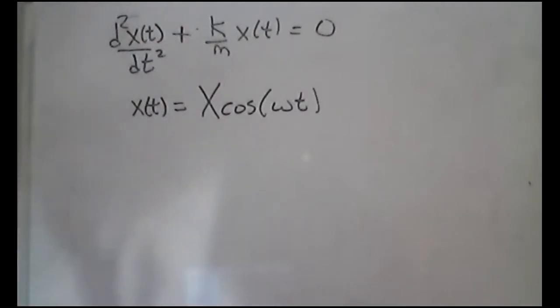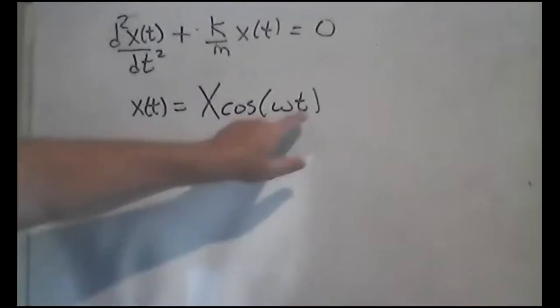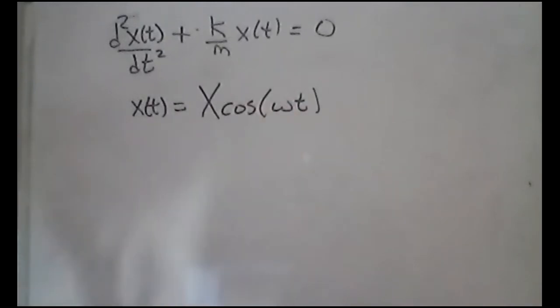Now, the question is, what is omega? Well, anything inside of a cosine function or any trigonometric function must be effectively in radians. So if t is in seconds, that means omega must be in radians per second. Now, unfortunately, once in a while in physics, Greek letters are used multiple times, and this looks a little confusing because we're used to omega as the angular velocity.